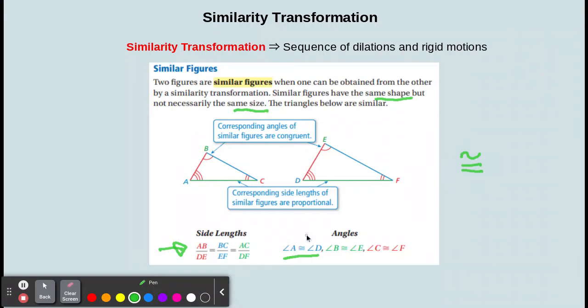Okay, their side lengths are proportional. If AB is half the size of DE, then BC is going to be half the size of EF, and likewise AC is going to be half the size of DF.